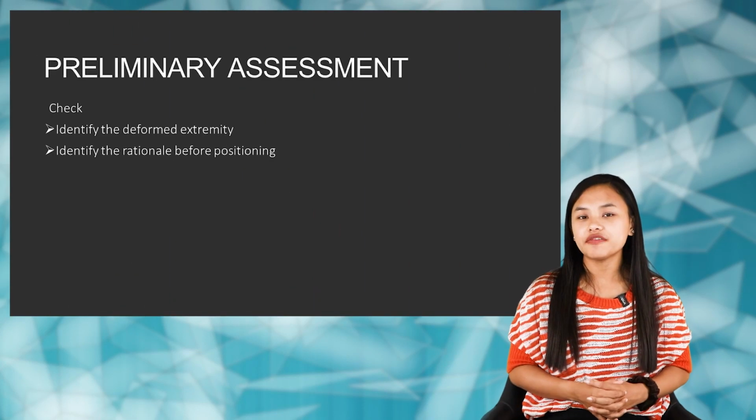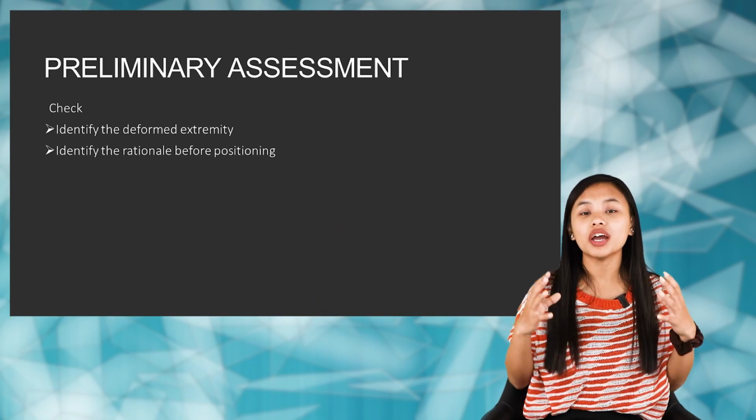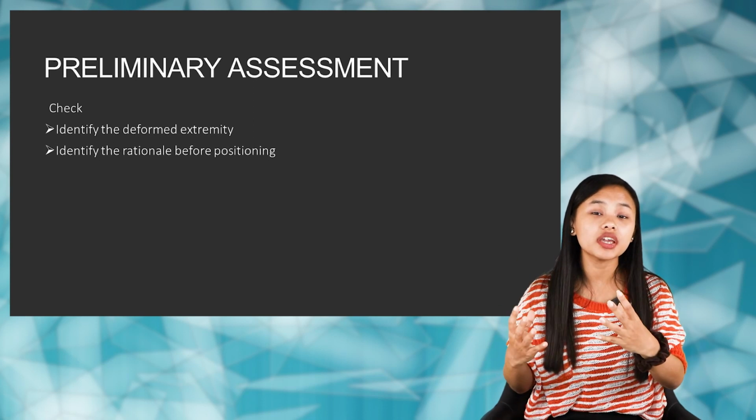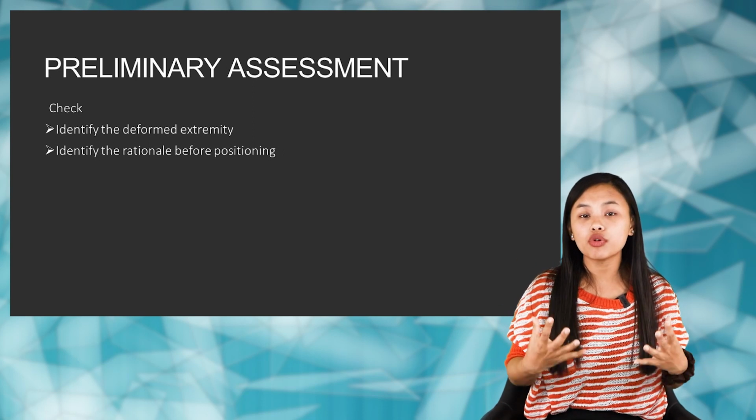You should also identify deformed extremities so that you get a clear idea of what position you can tell the client to take in order to promote their comfort level. You must always identify the rationale before you advise the client to take that particular position. So these are the various things that you need to assess before you decide which position the client must take.